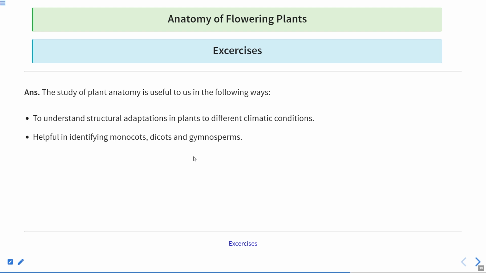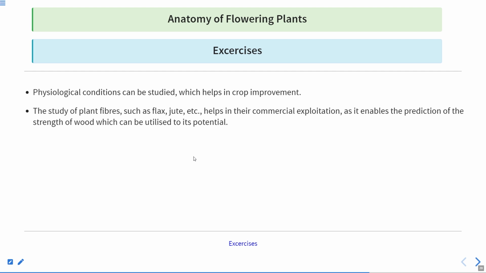And the same with gymnosperms, because monocots, dicots, and gymnosperms show different types of anatomical structure. So it is very helpful in their identification, classification, and taxonomy, right? Nowadays we consider the anatomical structure in taxonomy studies also. So it is very, very important in that way.